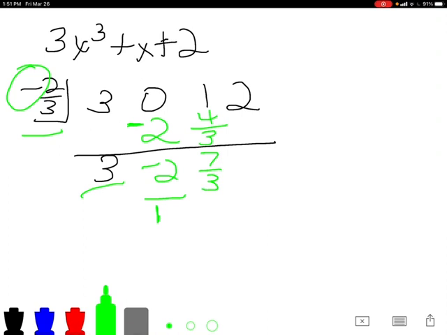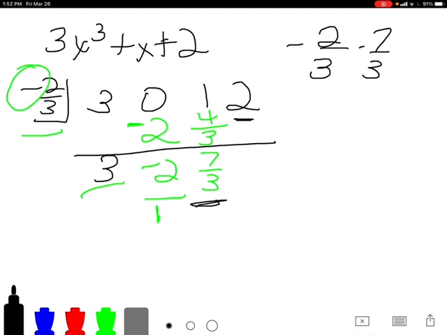Then I'm going to take positive 7/3 times negative 2/3, which would give me negative. I'm going to write some scratch work over here. Negative 2/3 times 7/3. That's going to be negative. You just multiply across: negative 14/9. And then 2 is 18/9. 18/9 minus 14/9 is 4/9.